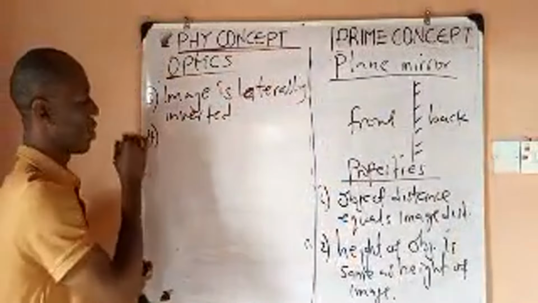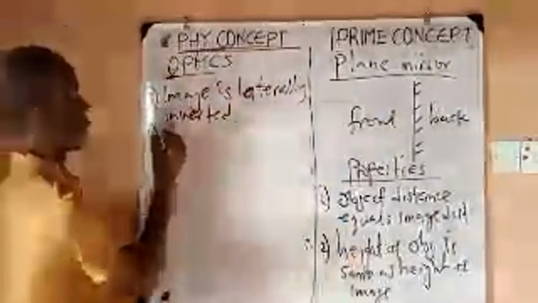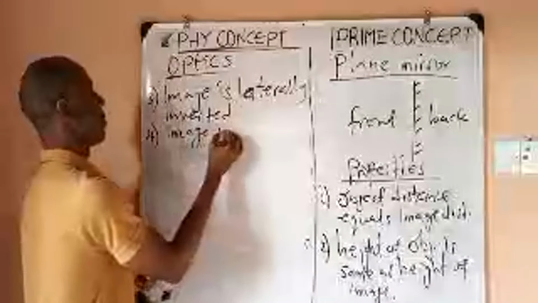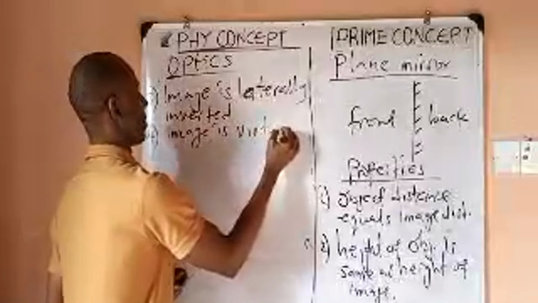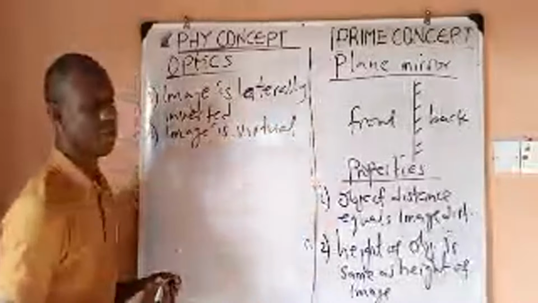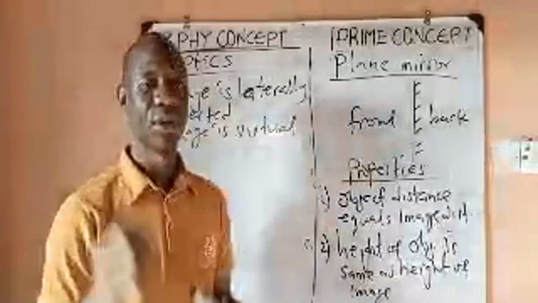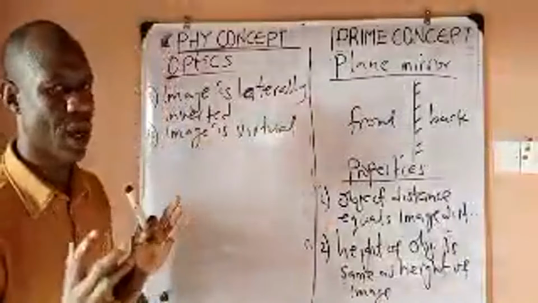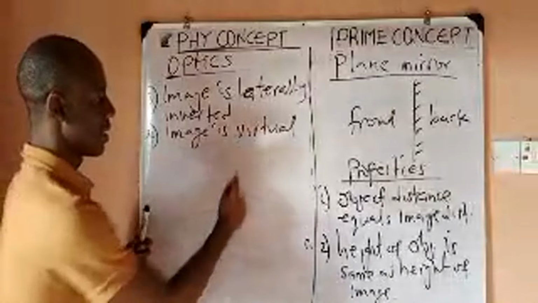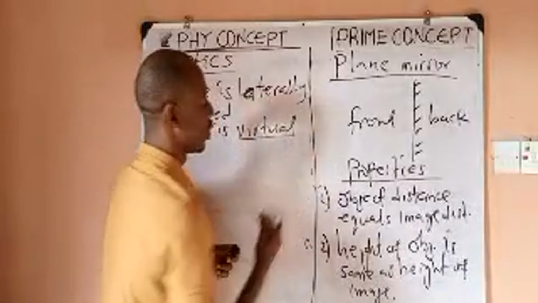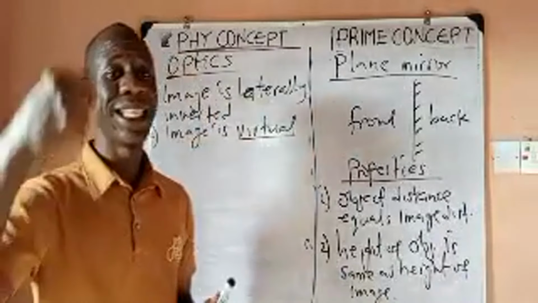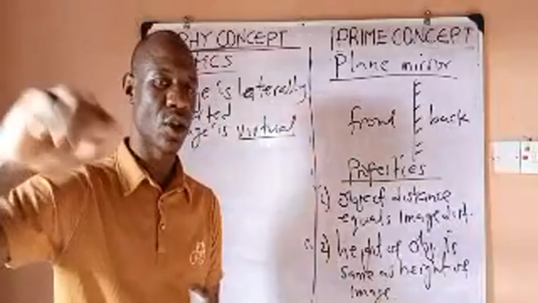Number four, the image is virtual. So the image of a plane mirror is always virtual. It is not real, right? What is a virtual image? A virtual image is an image that cannot be caught on a screen.